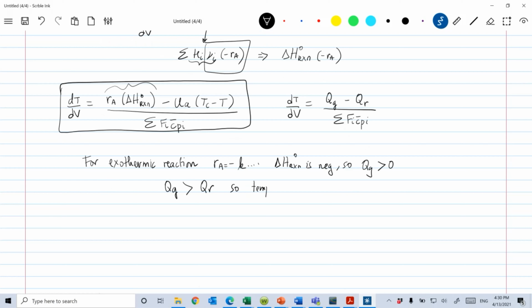So temperature will increase down the reactor. So that is what happens with an exothermic reaction, right?